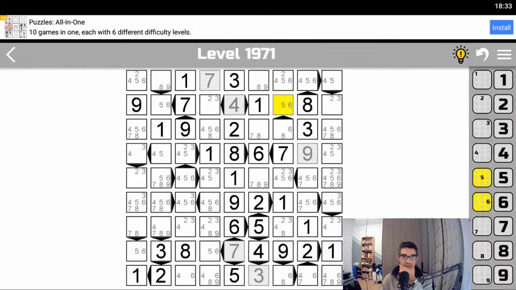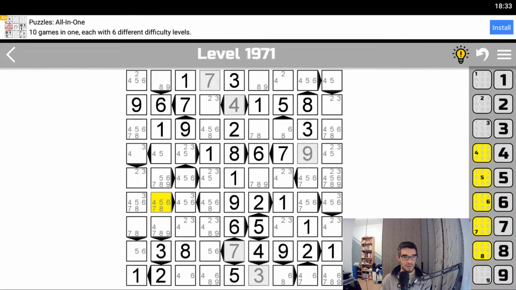So that means that this has to be a 5. This can be a 6. And therefore, this can be either a 5 or a 6. This can be a 5 or a 6. This can be 8. All right, here we go. Good. So this means that this has to be a 6 now because the 5 is right there.